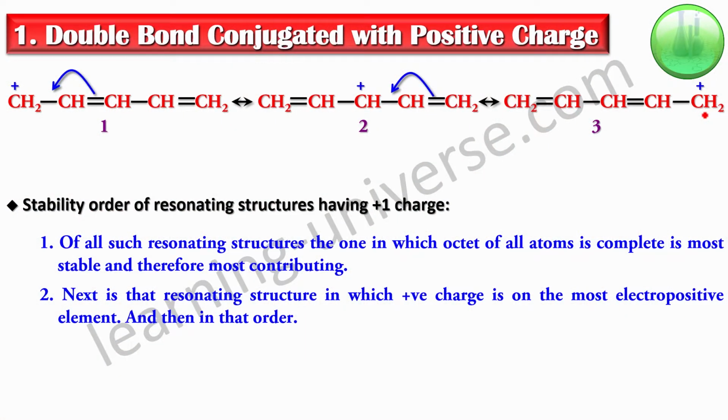So C plus structure is going to be more stable than N plus, which is going to be more stable than O plus. But in this particular case, even this doesn't work because in all the structures it is carbon which is plus.